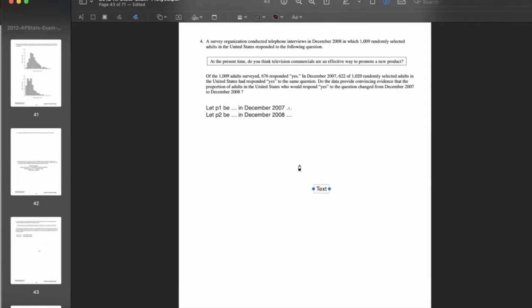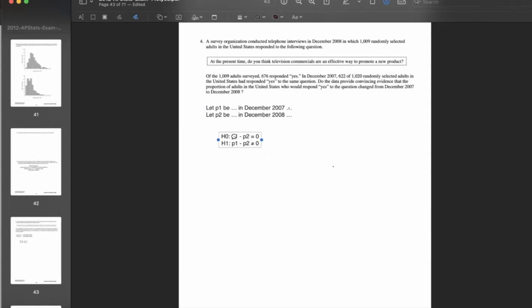Okay. And now the hypotheses. Since we're asking whether it changed, the null hypothesis is that it didn't change, so the difference is 0. And the alternative hypothesis: it doesn't specify larger, increased, or decreased, it just says change, so therefore it would be not equal to 0.